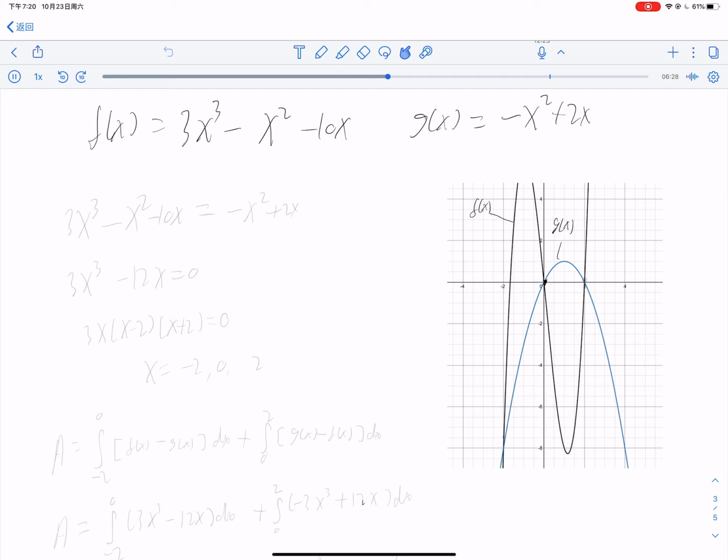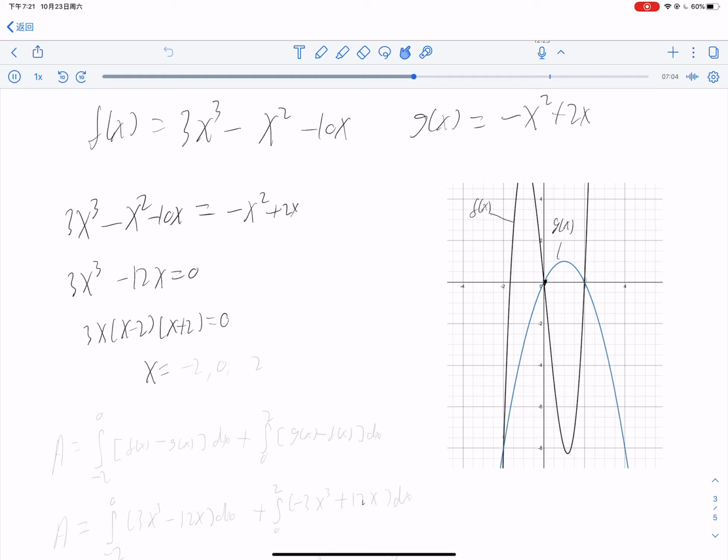So here you also solve the function algebraically. So let's do 3x cubed minus x squared minus 10x equals negative x squared plus 2x. And this is just 3x squared minus 12x equals 0, which is basically 3x times x minus 2 times x plus 2 equals 0.